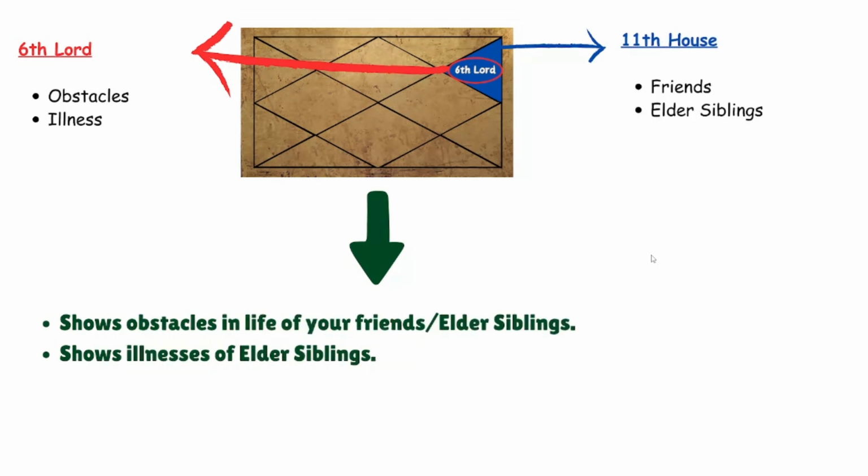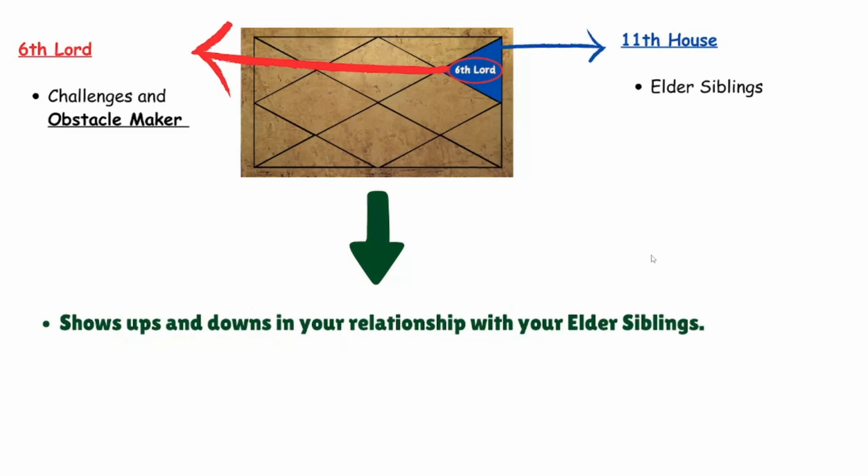Sixth lord is a lord of obstacles and illnesses, and 11th house is the house of friends and elder siblings. So, this placement of sixth lord in 11th house can show obstacles coming in the life of your friends or elder siblings. It can show illness or diseases of your elder siblings.